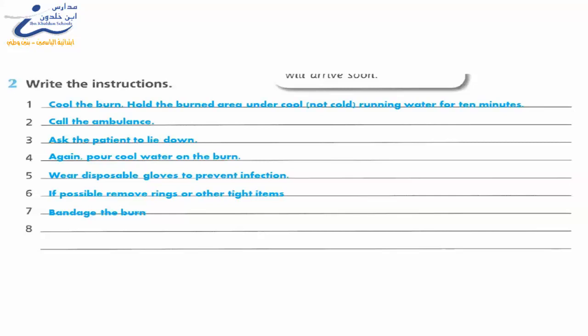Okay. 8. Let's move to the last picture. Okay, so ask the patient to calm down and tell him that the ambulance will arrive soon. So these are the 8 instructions you will do if someone is burned.